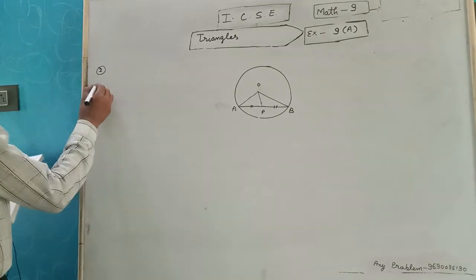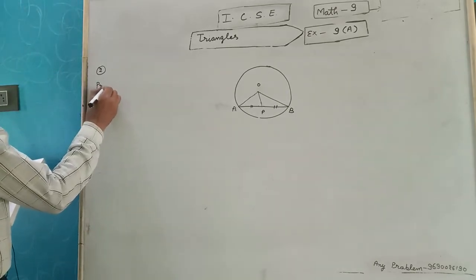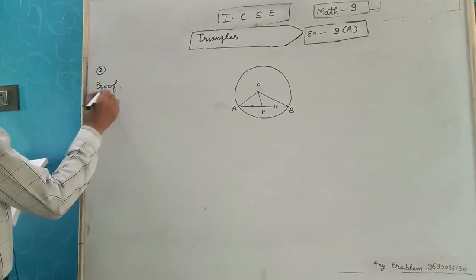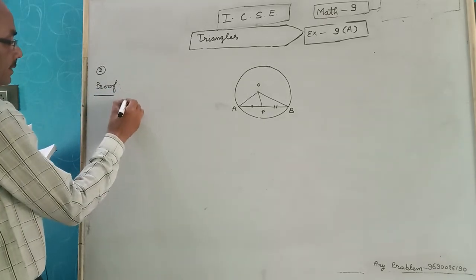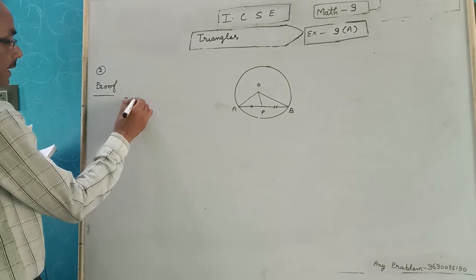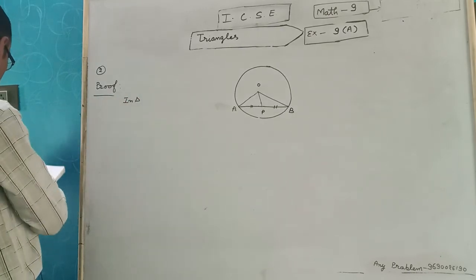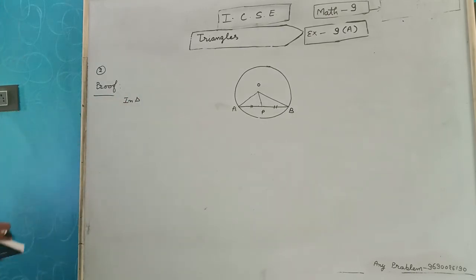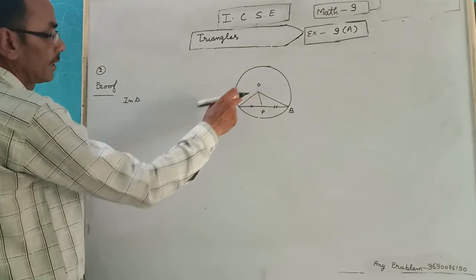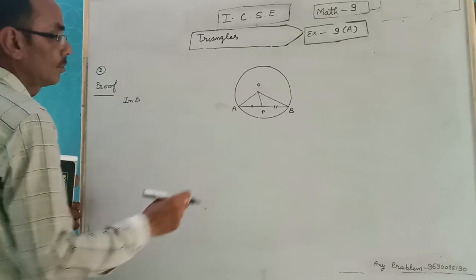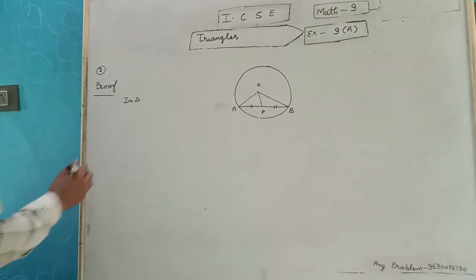Proof is in triangle, join A to O and B to O make two triangle.